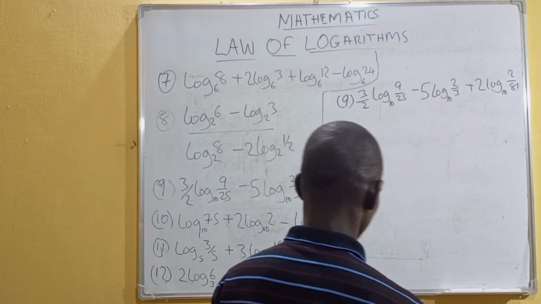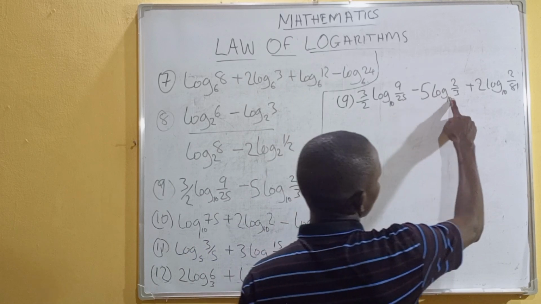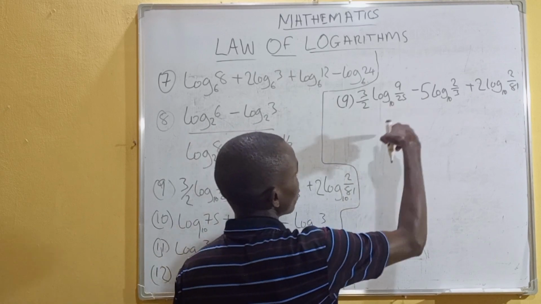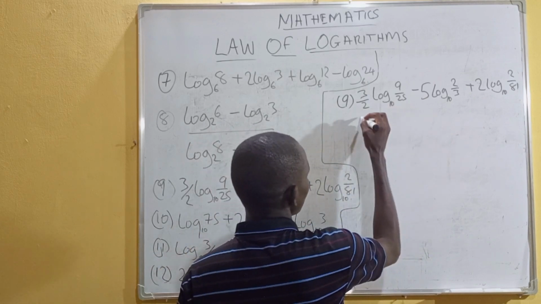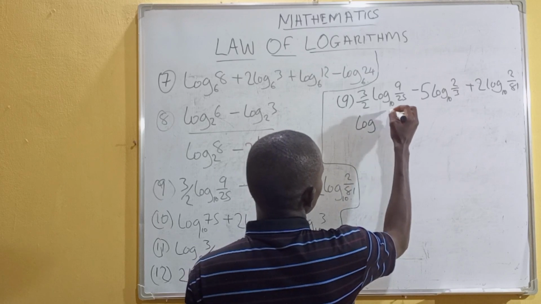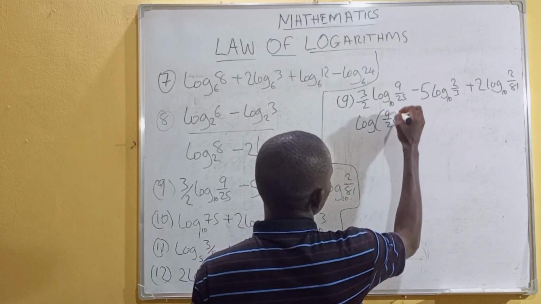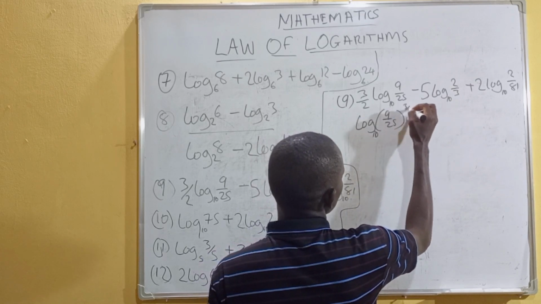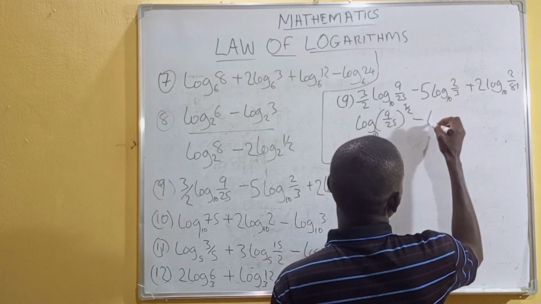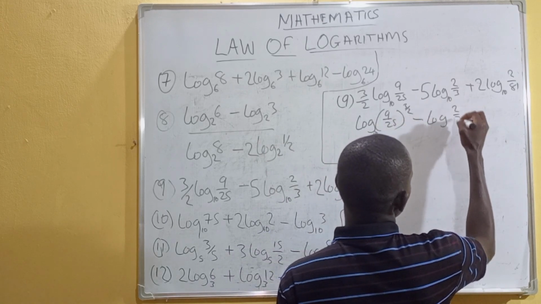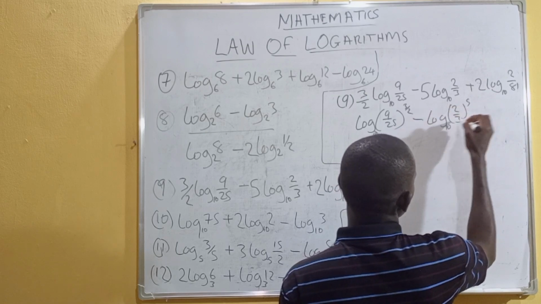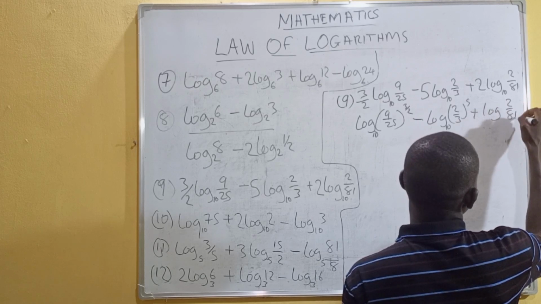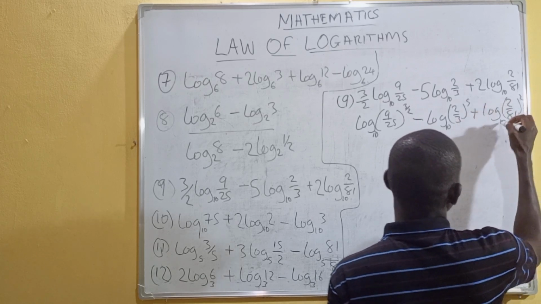So if you look at this now, you cannot simplify this and this and this to have the same log number. So in this case, we now reverse the power law, which will now be log 9 over 25 base 10 raised to power 3 over 2 minus log 2 over 3 raised to power 5 of base 10 plus log 2 over 81 all raised to power 2 of base 10.